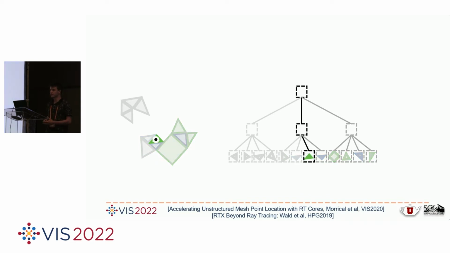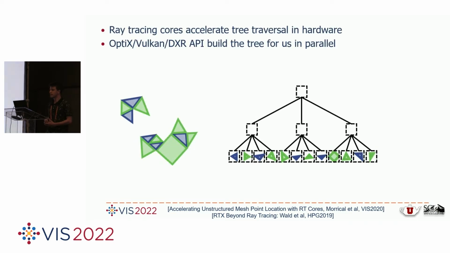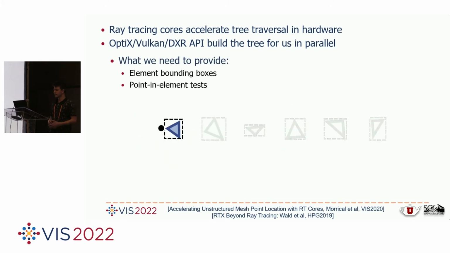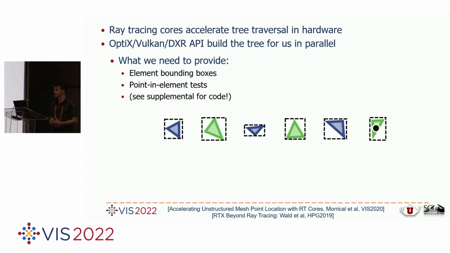You can use these ray tracing cores to do the tree traversal for you, and the surrounding graphics API can be used to construct these trees in parallel, so you don't really need to worry about that either. All you really have to think about when implementing these methods is to compute a set of element bounding boxes to put at the leaves of these trees, as well as implement the point and element tests to perform at these leaves during traversal. We actually have supplemental material if you'd like to check that out and implement this yourself.